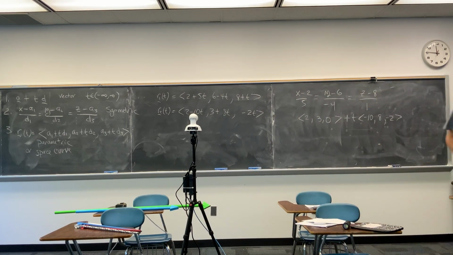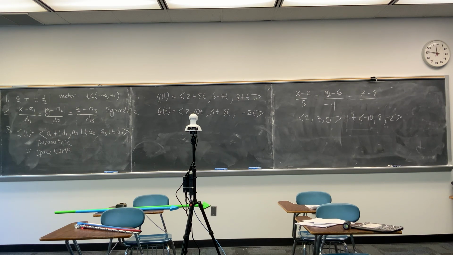So now, let's go to the drop-down menu for select. It gives me a bunch of options. We're picking space curve. This will be R1. So in x of t, I'm going to put 2 plus 5t.